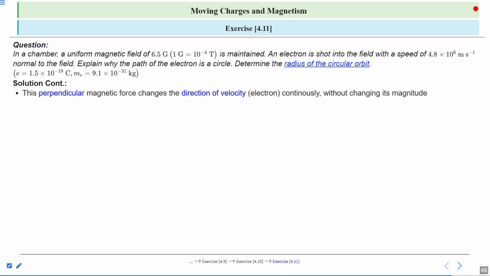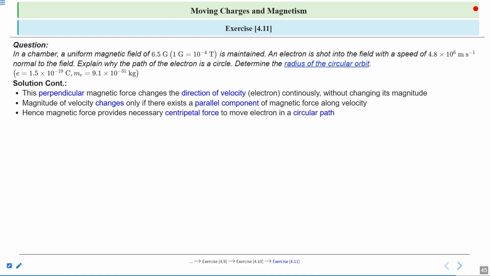Here, force is perpendicular to the velocity, so it will change only the direction of velocity, not its magnitude. The magnitude of the velocity changes only if there exists a parallel component of magnetic force along velocity.